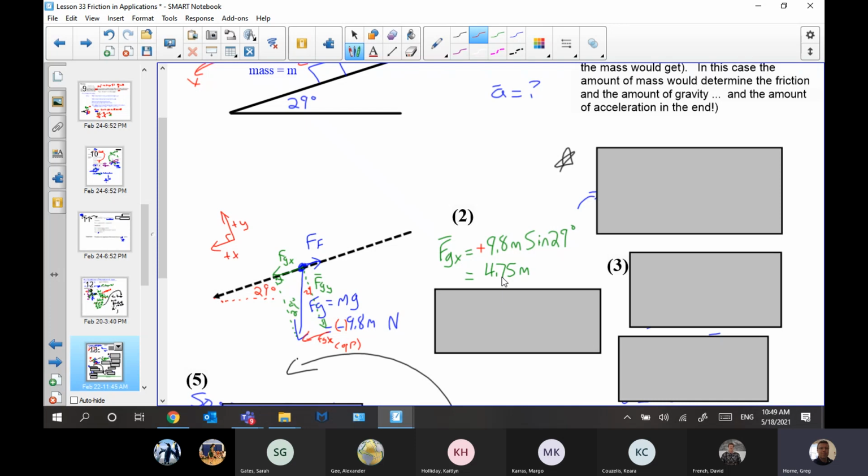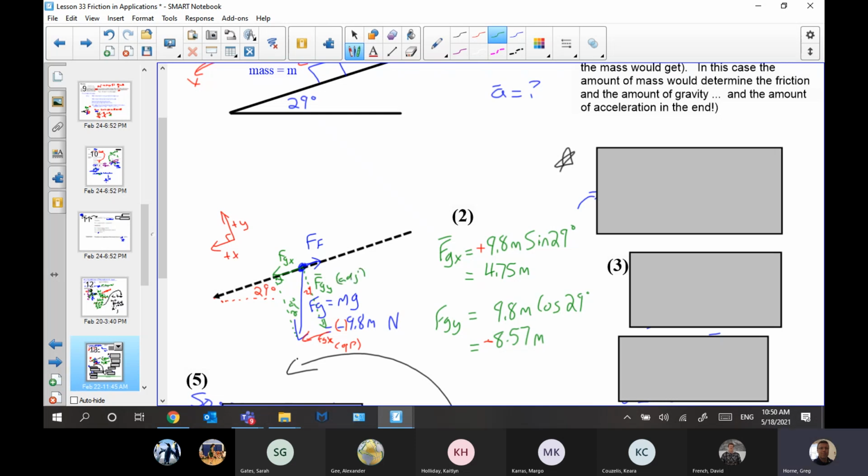So you have a value there, 4.75 m, right? We're evaluating what we can, but we don't have the m value. Alternatively, it could be totally in general, 9.8 m sine theta, but that would be even weirder. The y component, very similarly, is 9.8 m, in other words, gravity times the cosine of the angle, because the y component is adjacent to this, right? So this is adjacent to the angle.